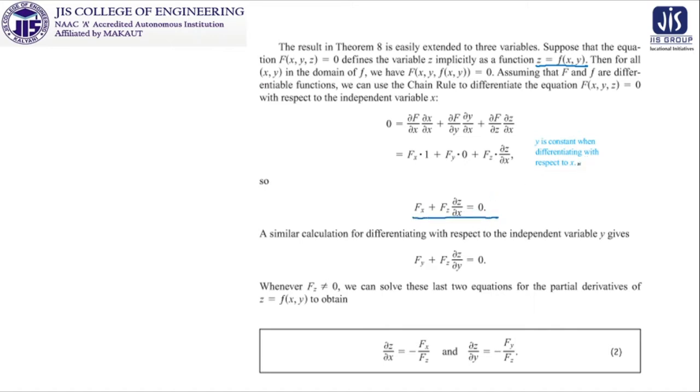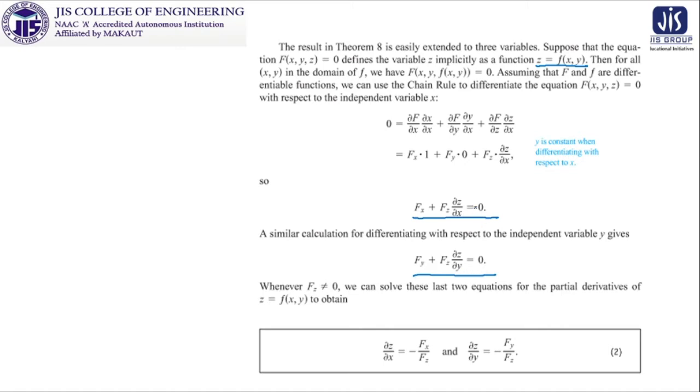And similarly, what was absent in the previous discussion, here we need z as a function of x and y, so we differentiate with respect to x first, as well as with respect to y, and a similar process will give you this equation.